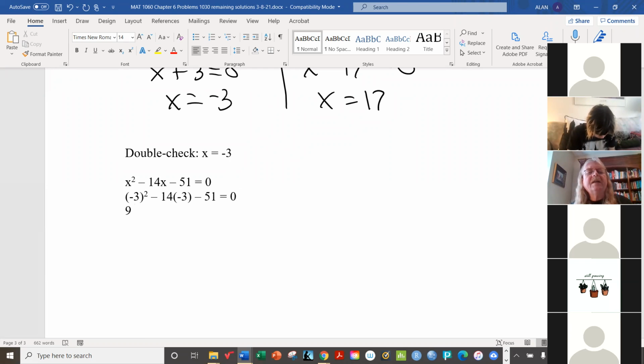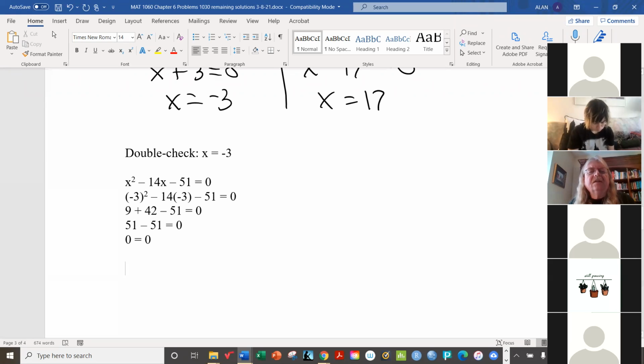So we have 9, now here we have plus 42, 51 minus 51, and yes, indeed. So we just demonstrated that plugging in -3 gives us a value of 0 for the function, which is the same thing as saying that this is a solution of the equation.